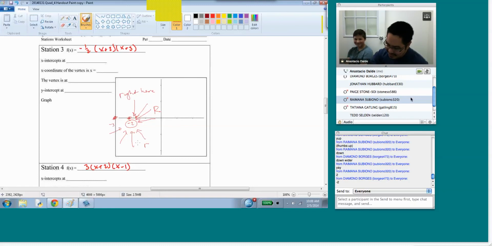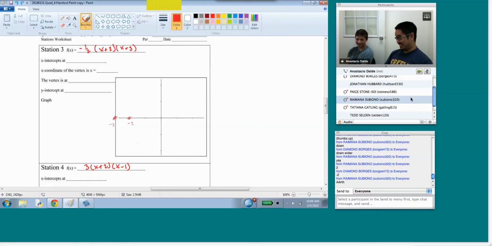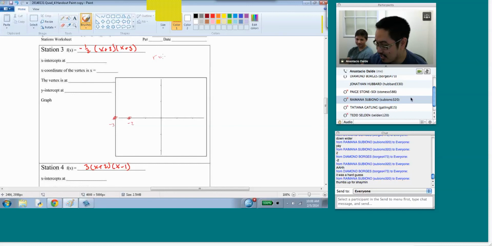How did you get that? You were so smart. What's s? -3. Awesome. And what is a? So r is -2, s is -3, and a is -1/2. It's the stuff out in front.